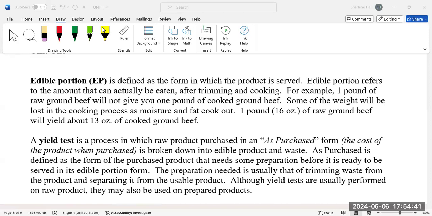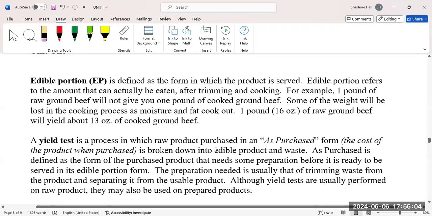True, sir. So therefore, a yield test is a process in which raw products purchased in an as purchased form, which is really the cost of the product, is broken into edible product and waste.